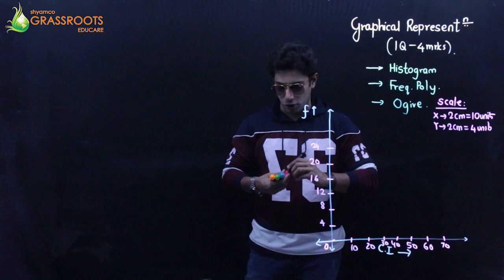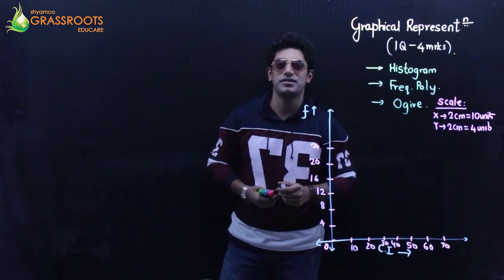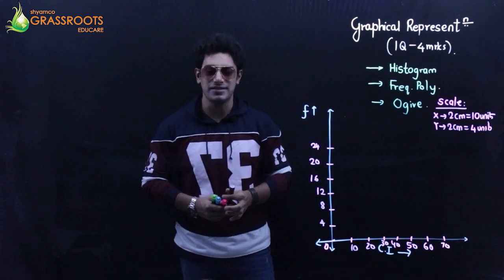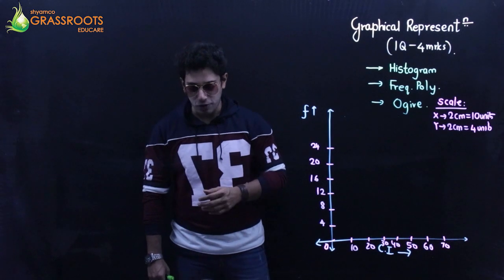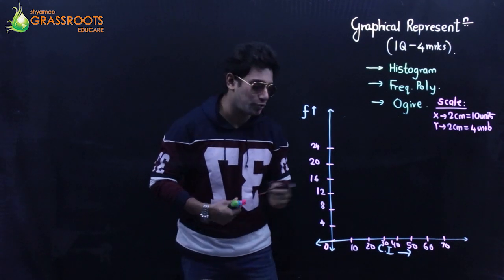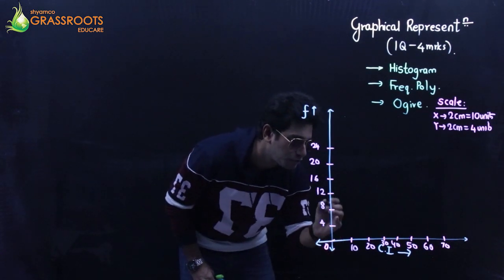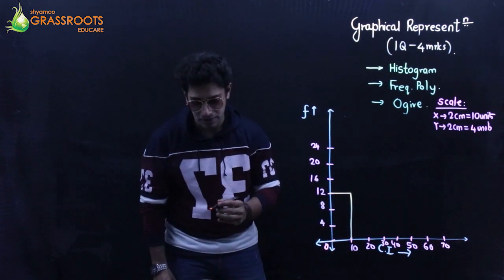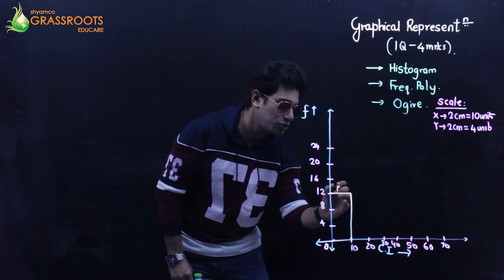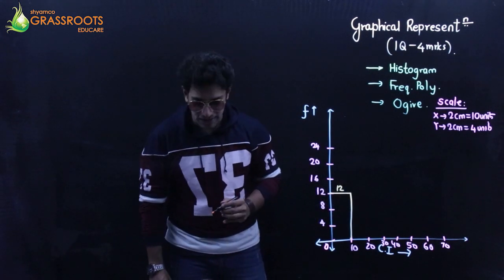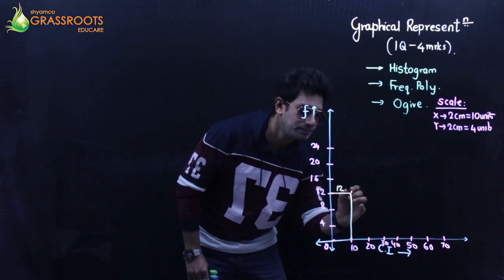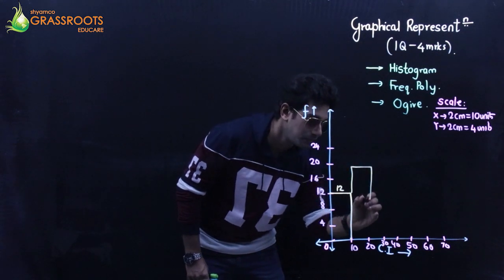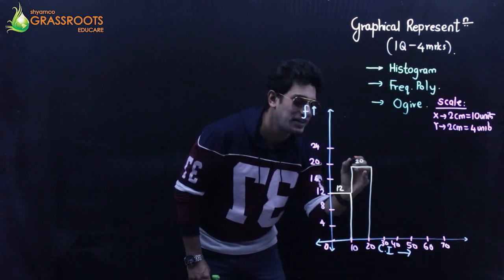Alright, if I start plotting, my first plot is going to be from 0 to 10, my answer is 12. So the first bar goes up to 12. The next is 20. The next is 26.